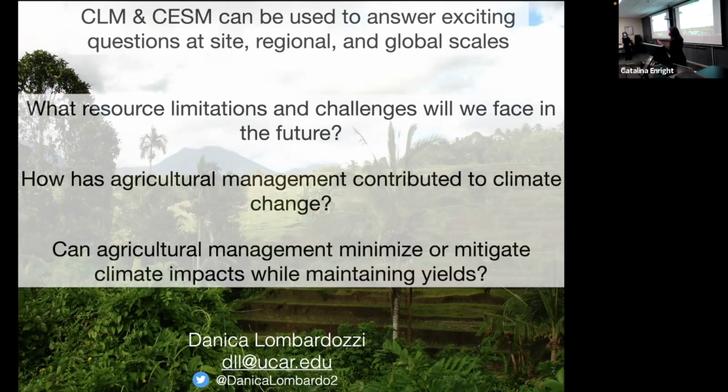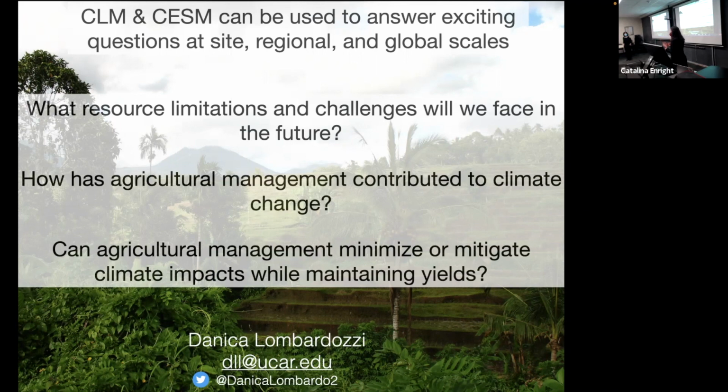One example is in thinking about plant breeding and cultivar, how can we incorporate those changes through time? We could consider using machine learning to think about how those things are changing through time, because in a global scale model, it's really hard to include all of the different cultivars and how they've changed through time.